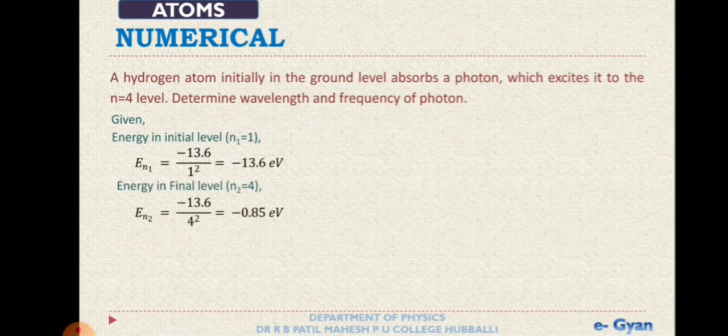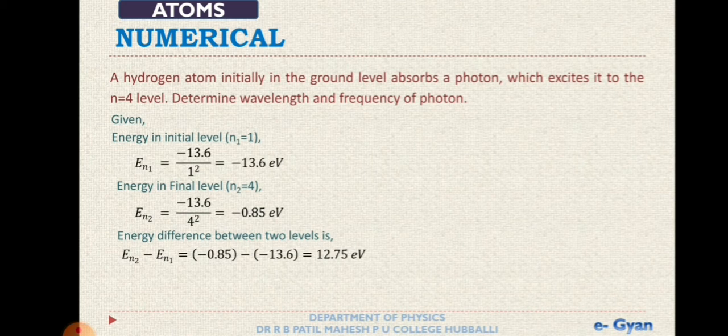And the energy in the final level, that is n2 equal to 4, is En2 equal to minus 13.6 by 4 square, we get it as minus 0.85 electron volts. The energy difference between the initial and the final level is En2 minus En1, which is equal to minus 0.85 minus of minus 13.6, which is equal to 12.75 electron volt.